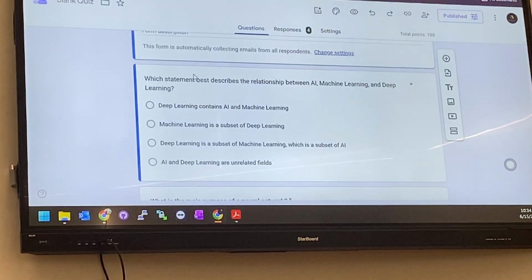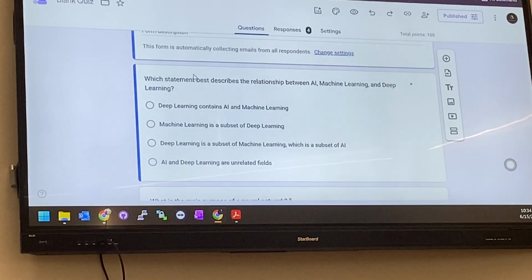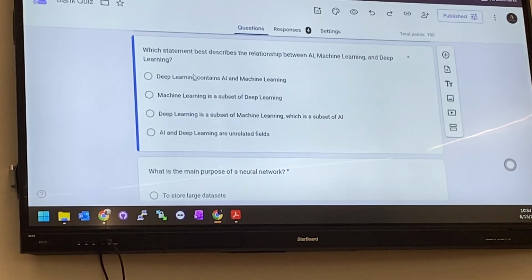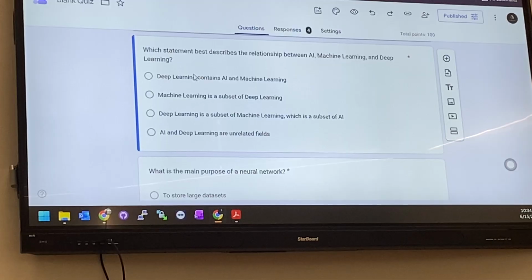Module 1 checkpoints. The questions are very simple, just to make sure that we are all good before we move on.